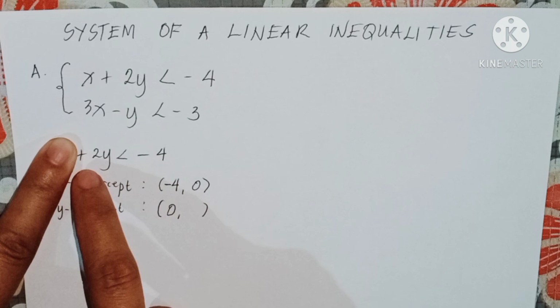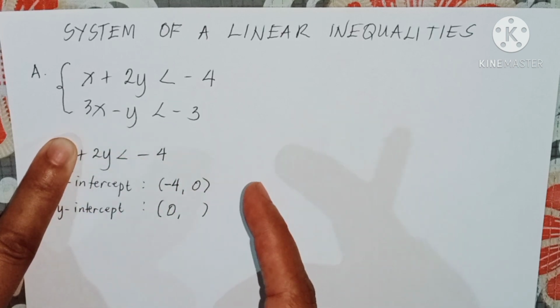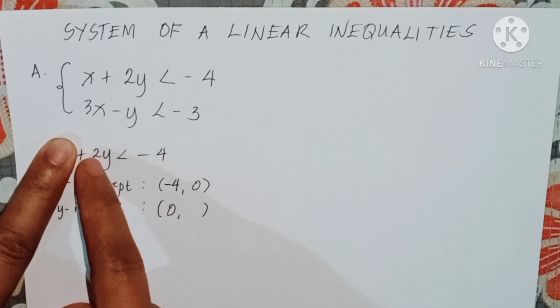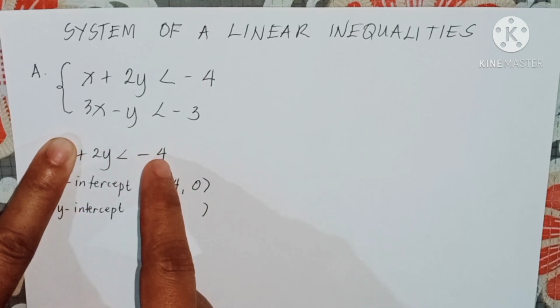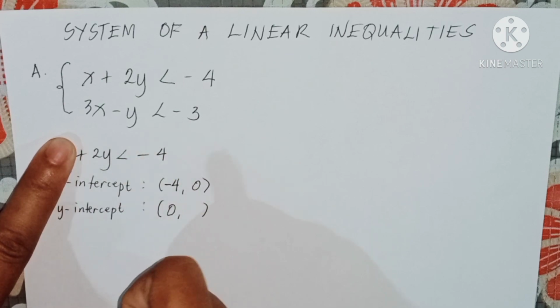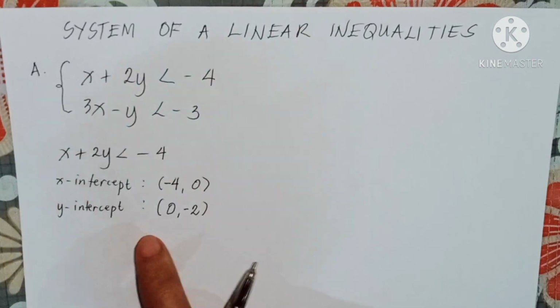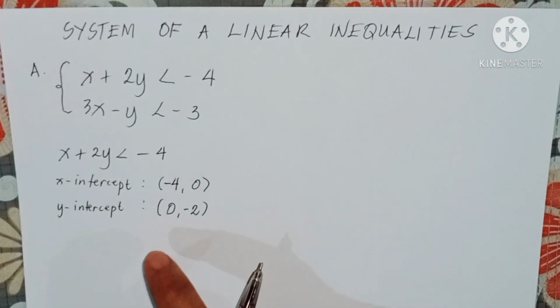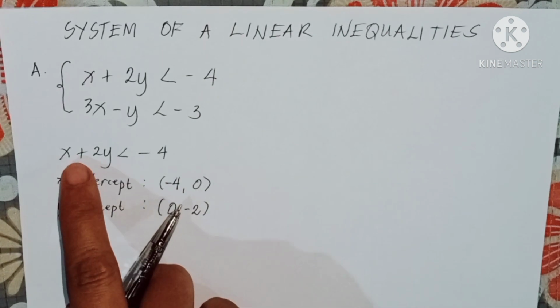Divide both sides by 2 to get y only. 2y divided by 2 is y. Negative 4 divided by 2 is negative 2. So, our y-intercept is (0, negative 2). That is for the first inequality.